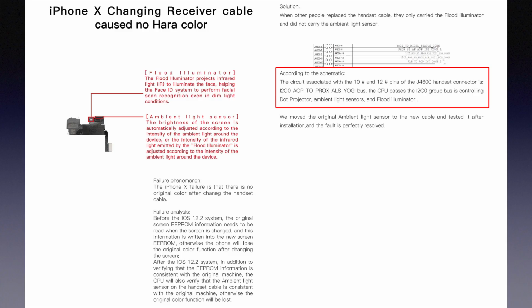The CPU controls the dot projector, ambient light sensor, and flood illuminator through the I2C serial lines. We moved the original ambient light sensor to the new cable and tested it after installation, and the flaw was perfectly solved. Okay, this is the course today.